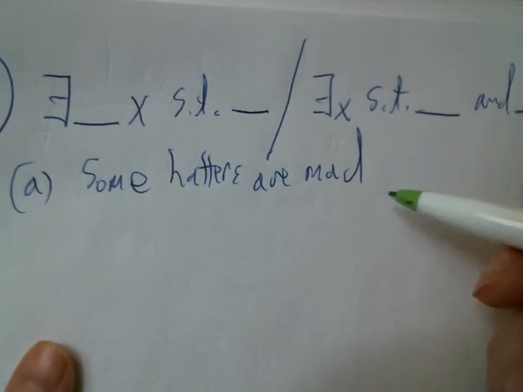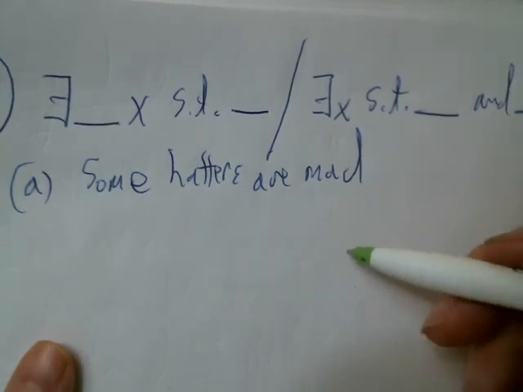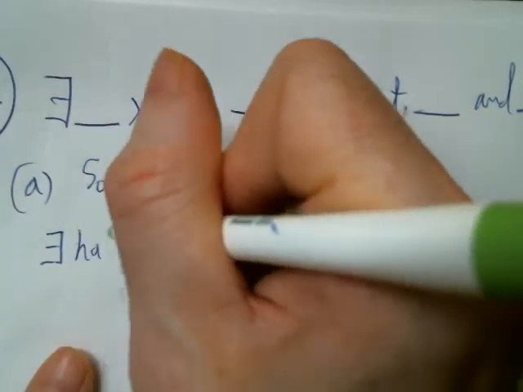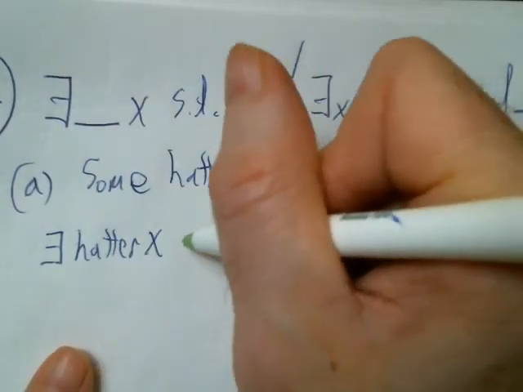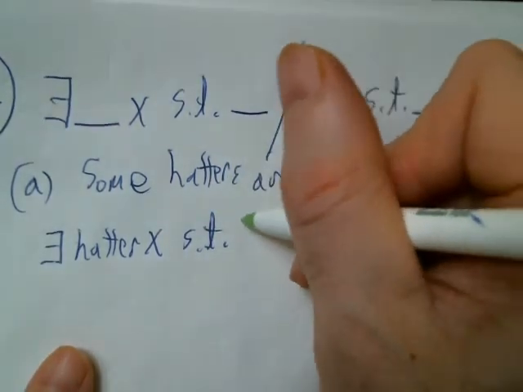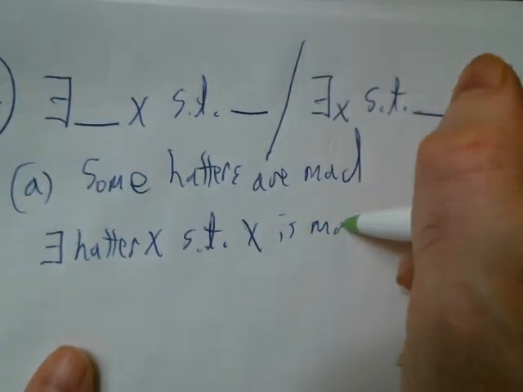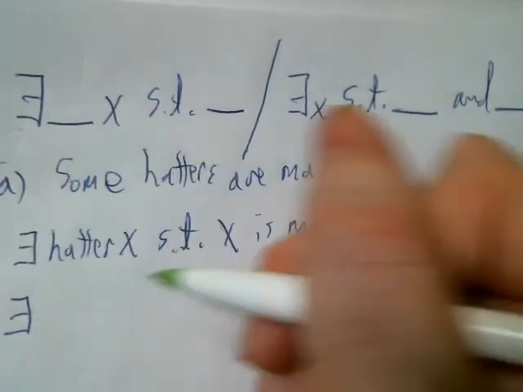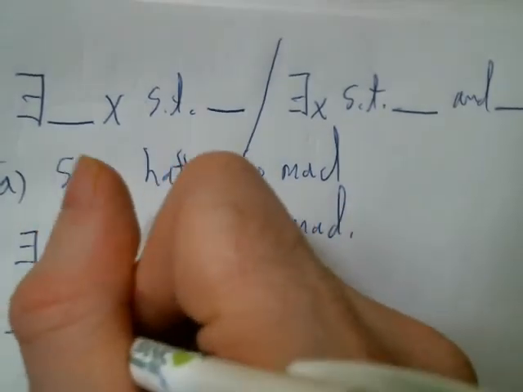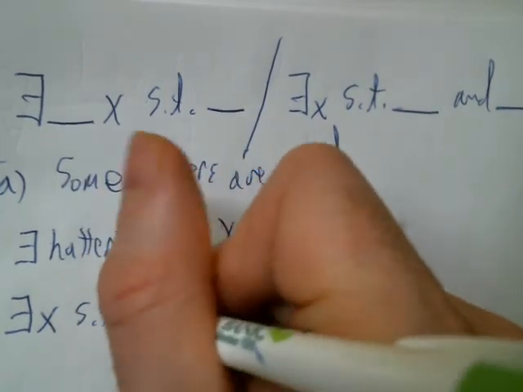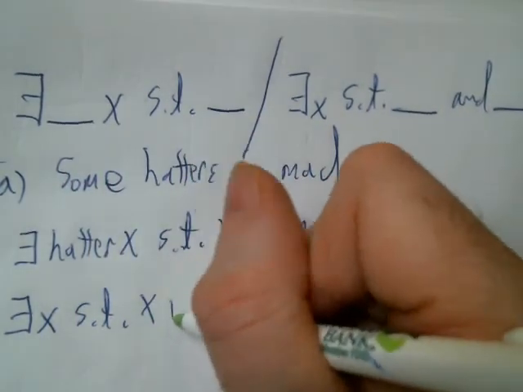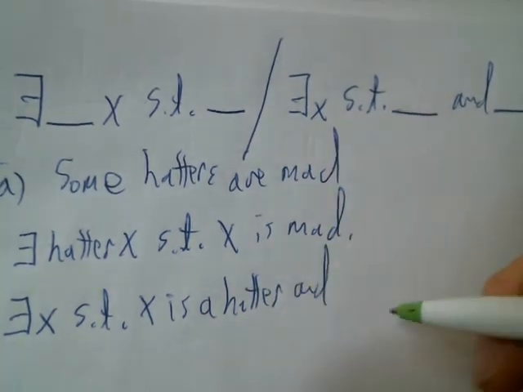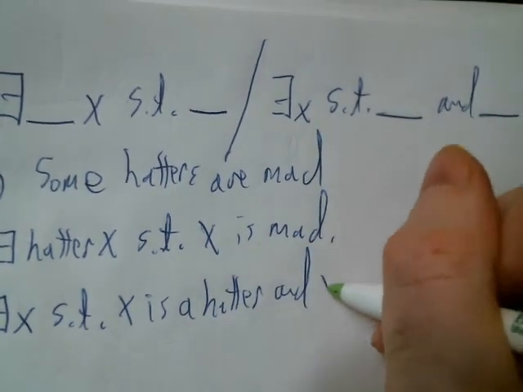So there exists a hatter x such that x is mad, or insane. And then you can also rewrite it as there exists an x such that x is a hatter and x is mad.